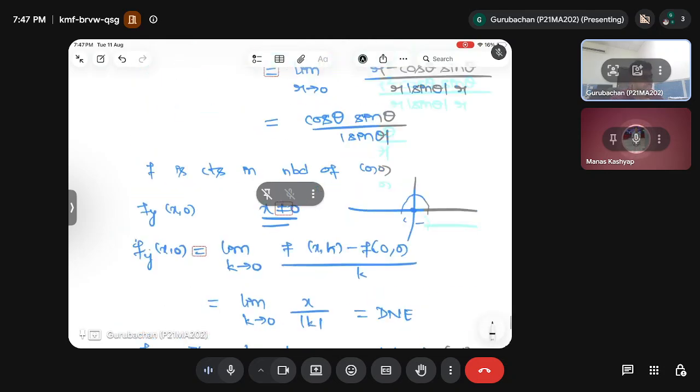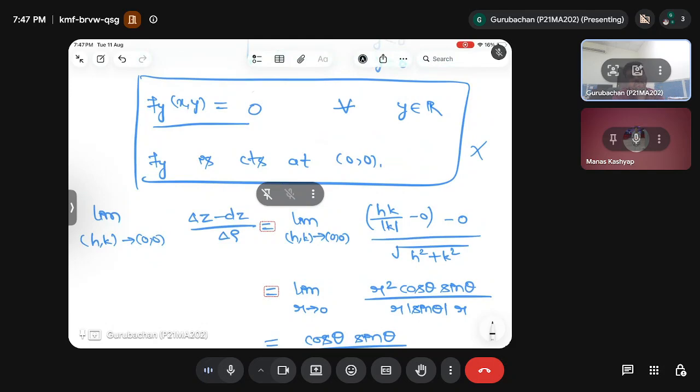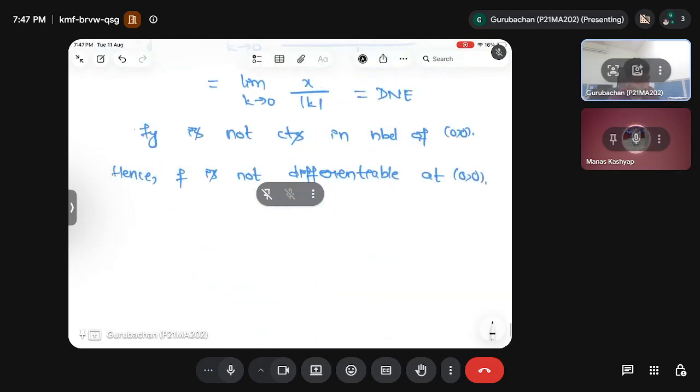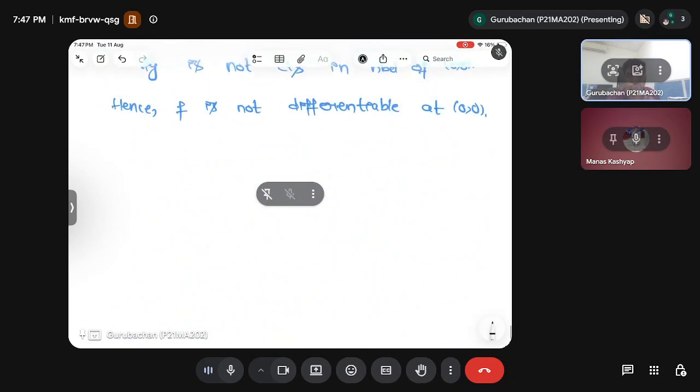This is the final best limit test. This is the best example that shows that your partial derivatives exist, the function is continuous, still the function is not differentiable. Sufficient conditions are not fulfilled. If those are fulfilled, then obviously the function should be differentiable, no?